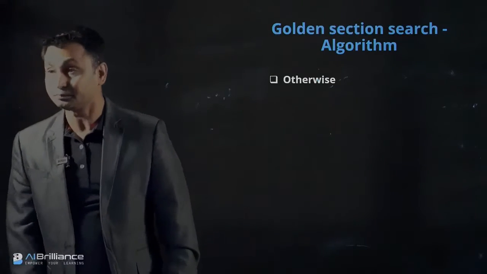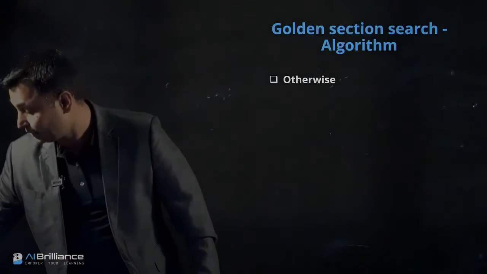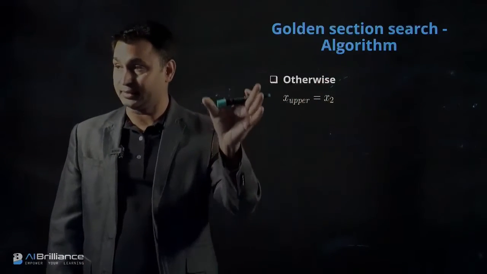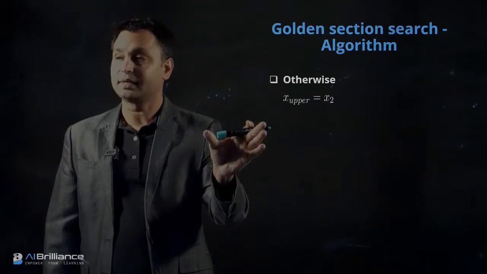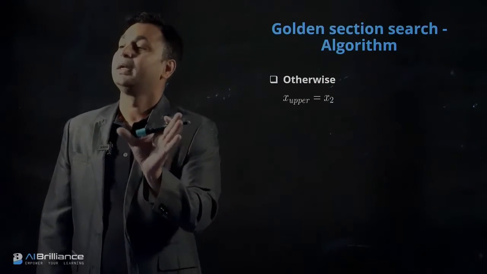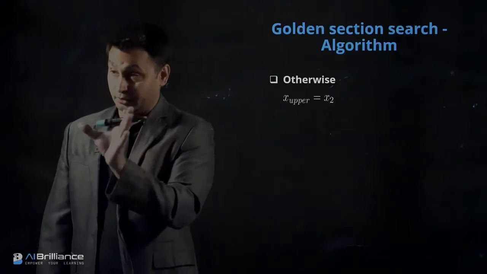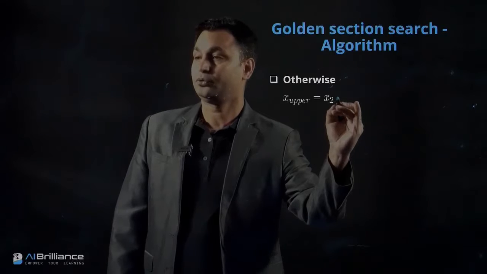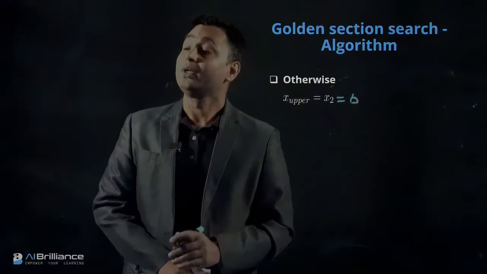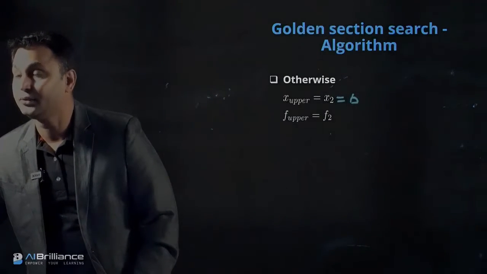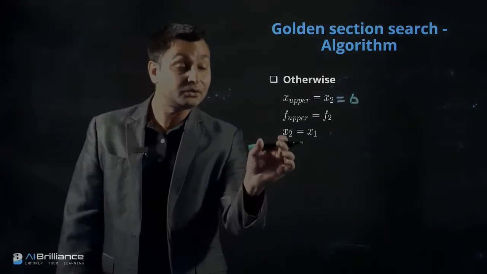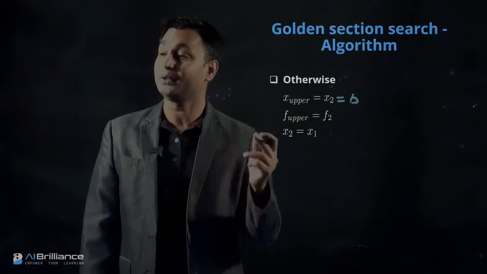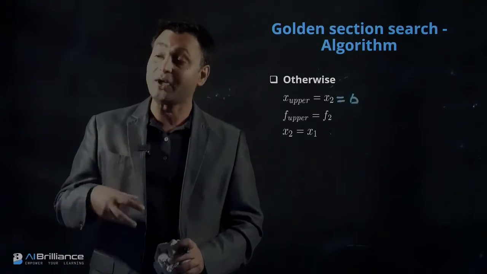In this case, you start shrinking on the right hand side. You constrain the space on the right hand side and move leftward, and your interval is reduced. The x2 becomes x upper, or B. We make x2 equal to x1, and we sample a new point and generate a new value for x1.